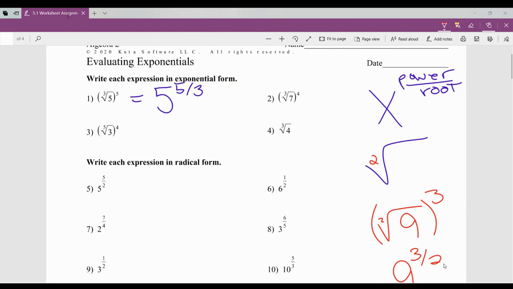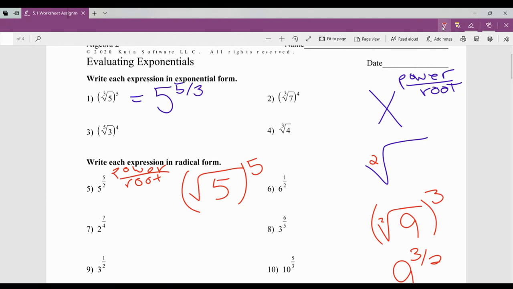And then to go backwards, it would be power over root. So it's going to be a 5 on the inside because that's my base. The power is the numerator, so the exponent is going to be the numerator, which is 5, and my root, which is 2, so I can either write that in there or I can leave it out because the square root is implied.